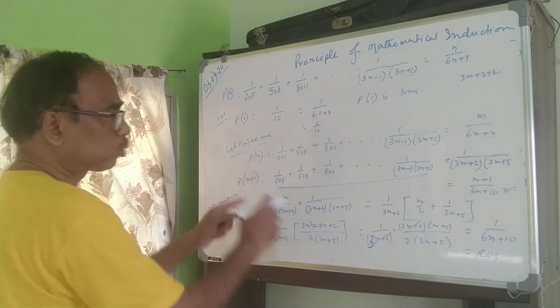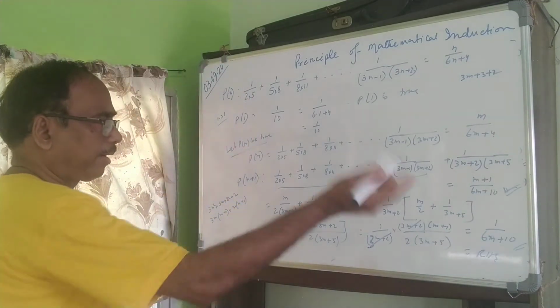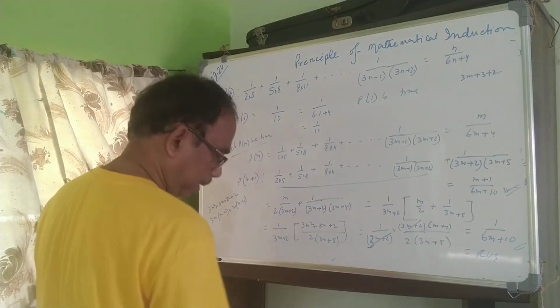So P(m+1) value, left hand side equals right hand side.